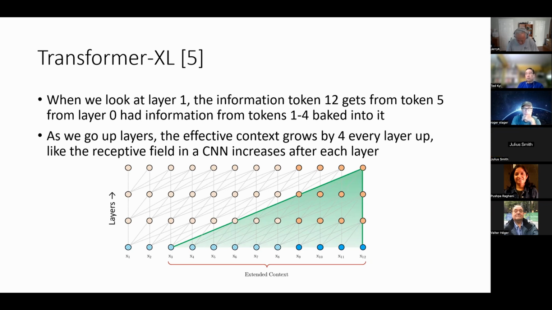So this was Transformer Excel, and then it was their hope that if your LLM has enough layers, 24, 48 layers, by the time you get to that top layer, it's got a pretty big receptive field.